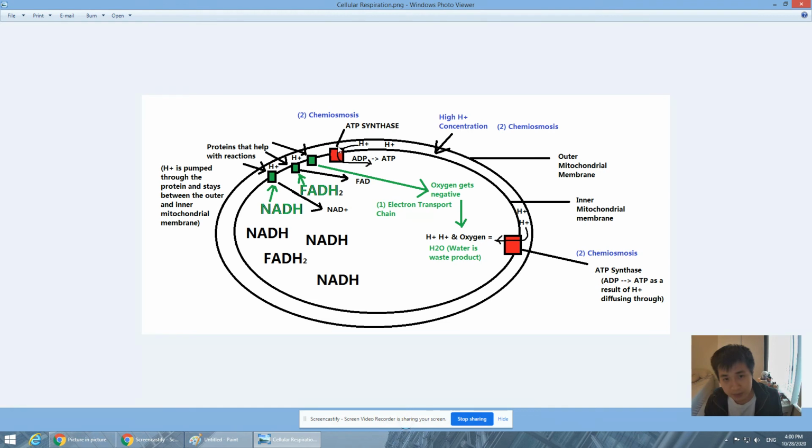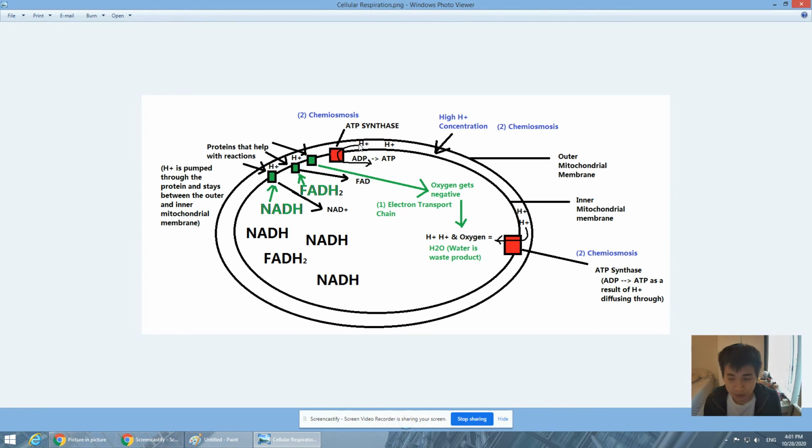So the H pluses are going to diffuse back into the mitochondria through the ATP synthase, right? And when the H pluses diffuse through the ATP synthase, this is going to allow the ATP synthase to attach phosphate back onto the ADP and make ATP. So this is where the ATP is made.